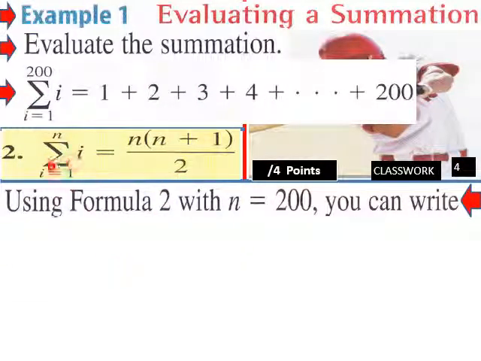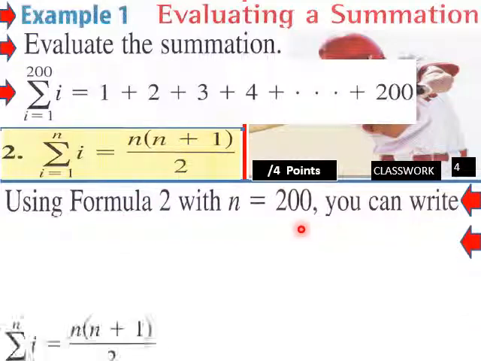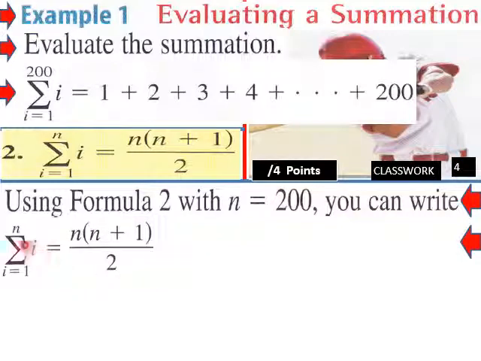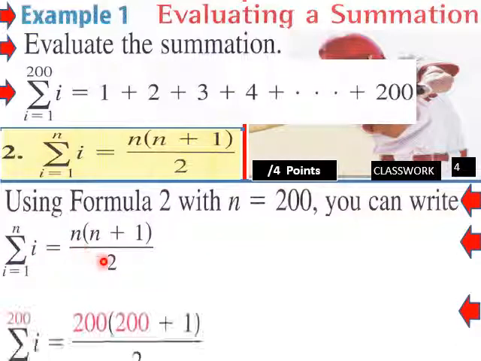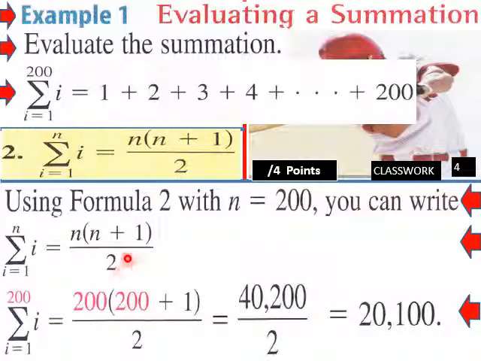We're going to use rule number 2, the formula used when we have an i out in front of our summation. Using formula 2 with n equals 200, you can write this summation as n times n plus 1 over 2, and then we plug in: 200 times 200 plus 1 over 2.